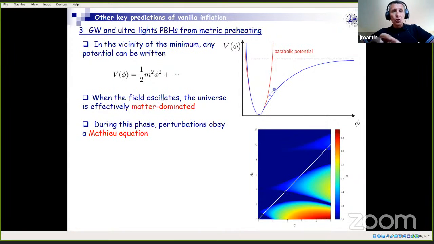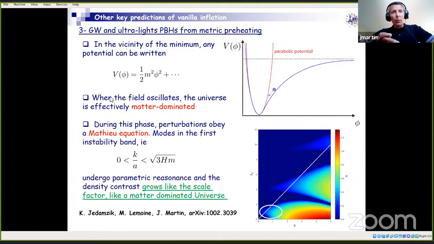And in fact, you can show that for modes that satisfy this inequality, I'm going to explain what it means exactly, the modes of the perturbations fall into the first instability band of the Mathieu chart here. And in that case, there is an instability and the density perturbation grows like the scale factor. So it grows a lot.